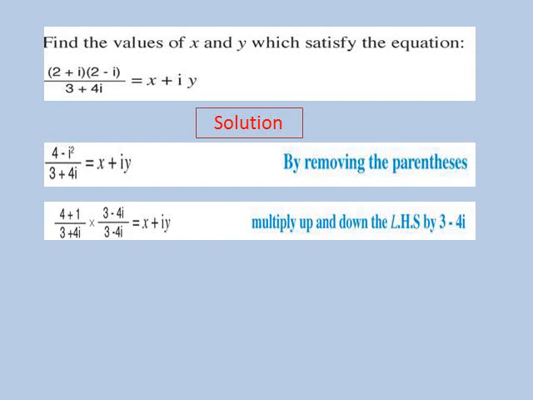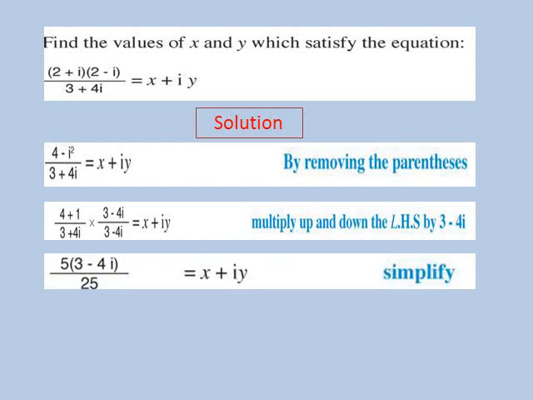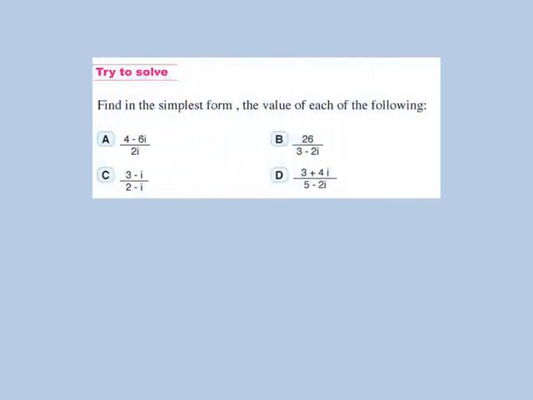By multiplying by its conjugate in the numerator and denominator. It will give us 5 times (3 - 4i) over 25 equals x + iy. So the real part, which is x, will equal 3 over 5, and the imaginary part, which is y, will equal negative 4 over 5.